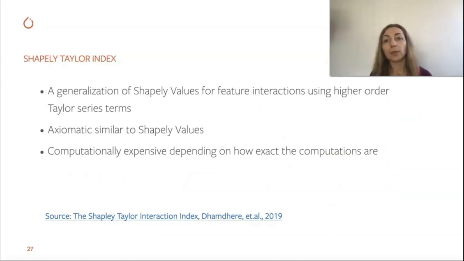Another axiomatic approach on feature interaction attributions is the Shapley-Taylor index. The Shapley-Taylor index is a generalization of Shapley values for feature interactions that uses higher-order Taylor series terms. It can be computationally expensive depending on how exact we want to be in our computations.